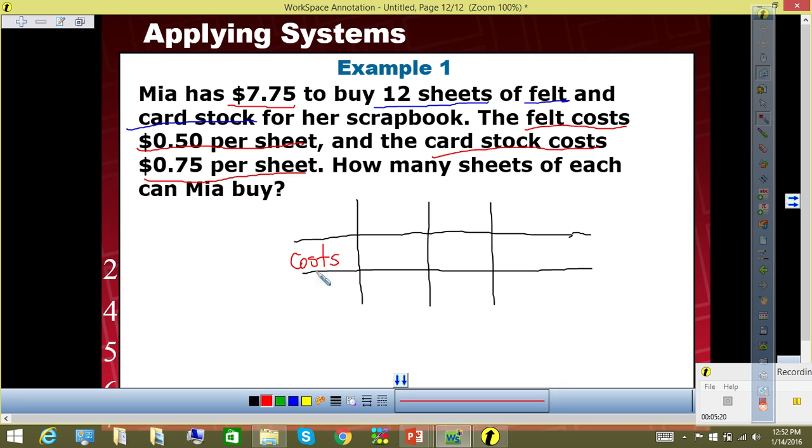Where do we usually put the total amount? At the end, so that goes right here, 7.75, and we're going to label this column total. So that means we have these two, and then what are the other amounts? We have 0.50 and 0.75. However, we have a dilemma. What does 0.50 stand for?